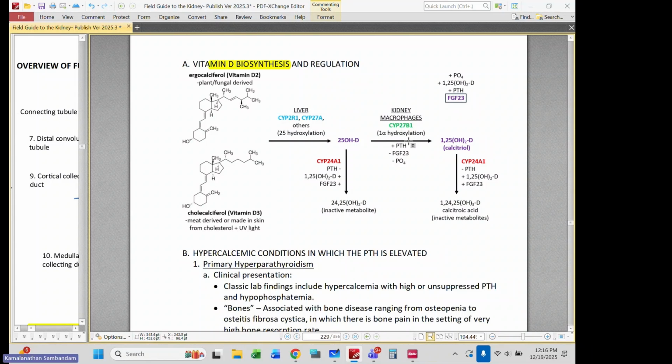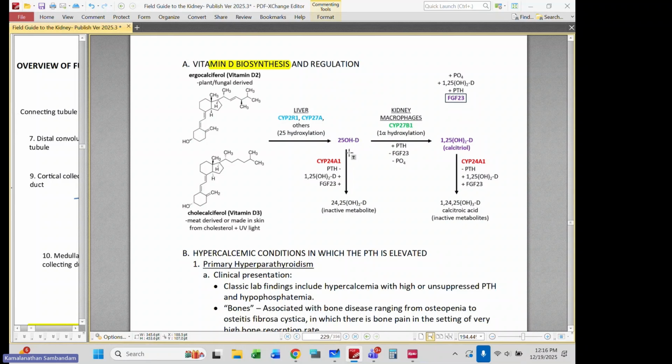Okay, and that becomes diagnostically helpful sometimes as we're trying to figure out disorders of vitamin D. Okay, if you have a patient, well, we'll talk about it, I'll just anticipate. Primary hyperparathyroidism can have relatively low amounts of 25 hydroxy vitamin D, because you can think of it as pulling it forward into the active form.